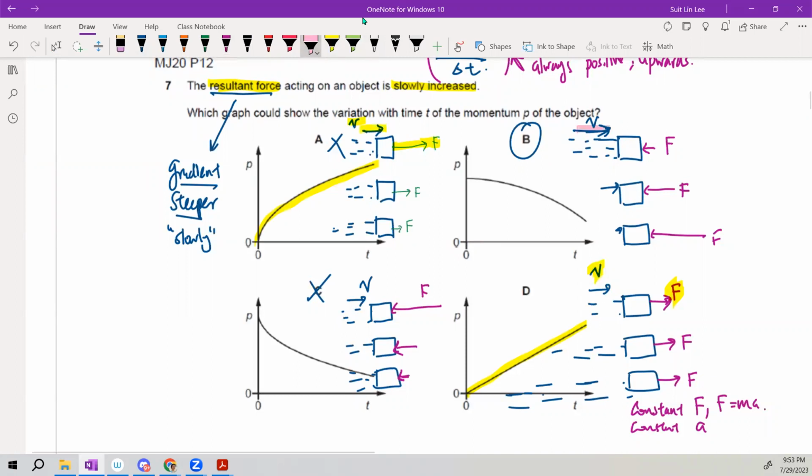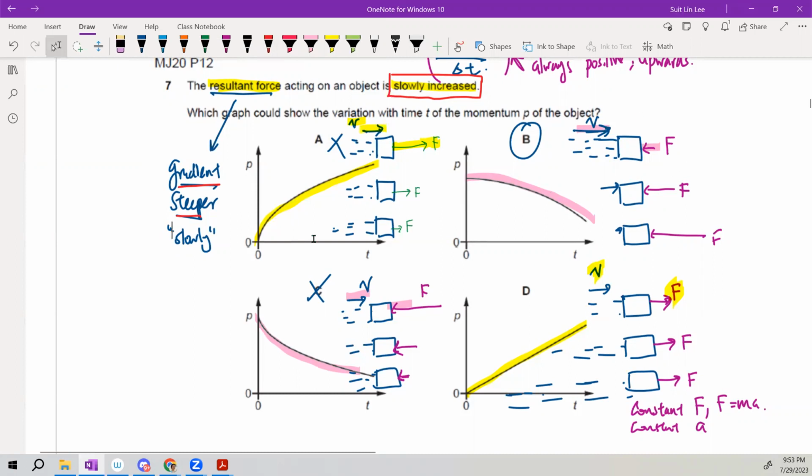I know they will be in opposite directions if the momentum decreases. But it doesn't tell me how the magnitude changes. Slowly increase. That means I need to check the gradient to tell me how the magnitude changes. So yeah, this is the situation.